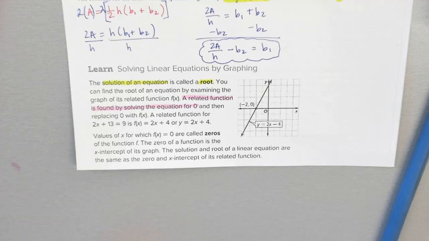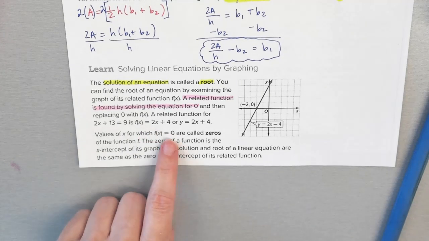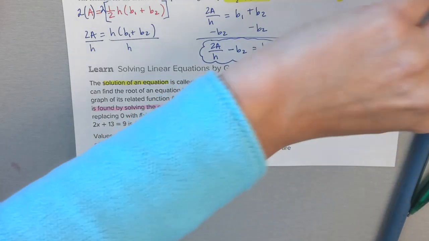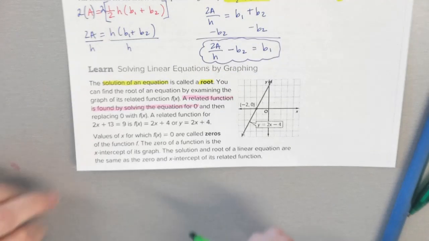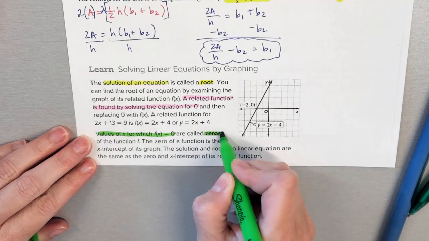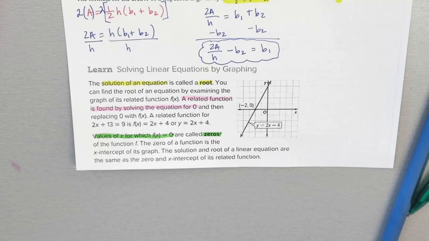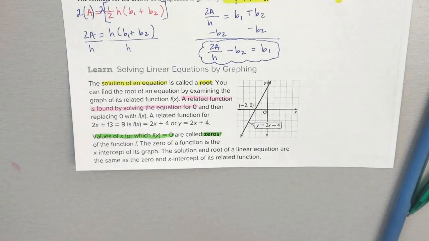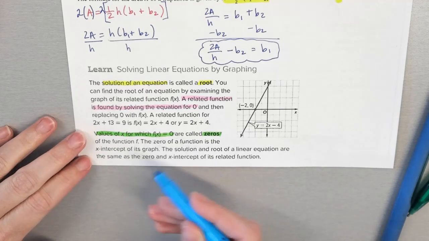All right, and then the values of x for when you solve, when you set it equal to 0, are called zeros. So the values that make that true are called zeros. And that is the same thing as the x-intercept.